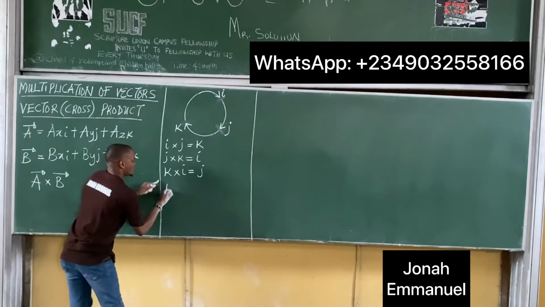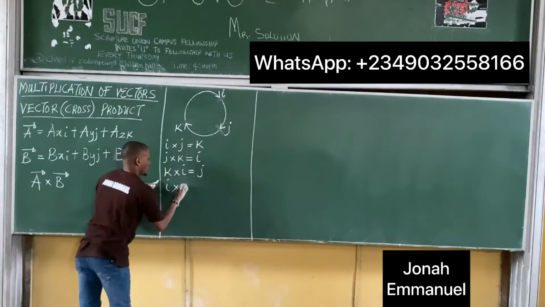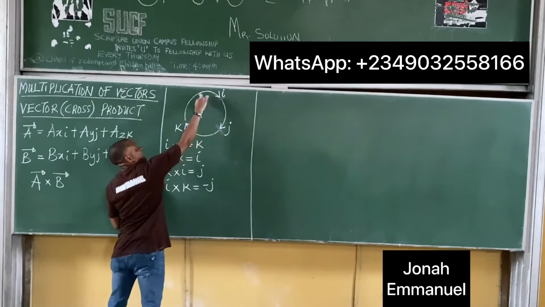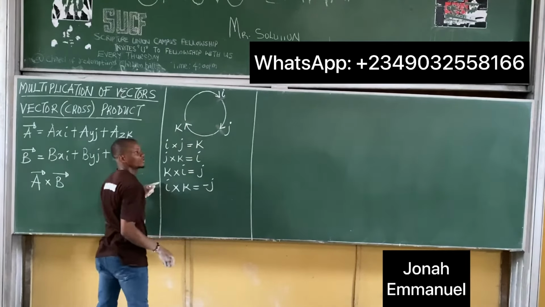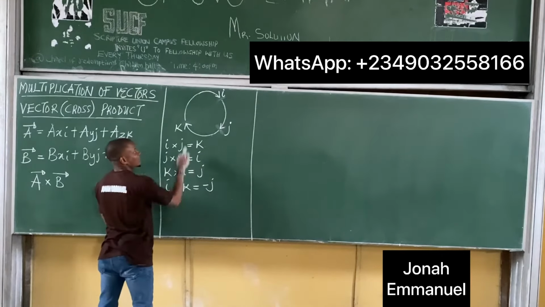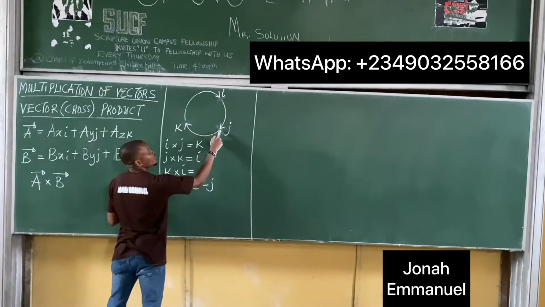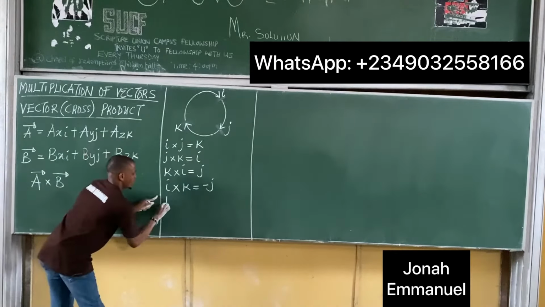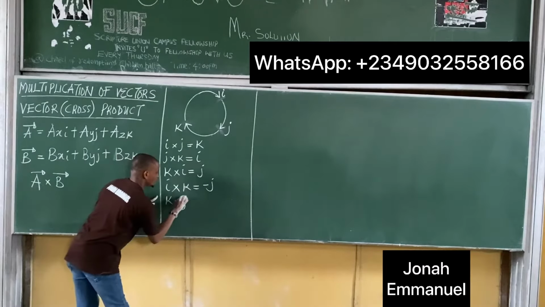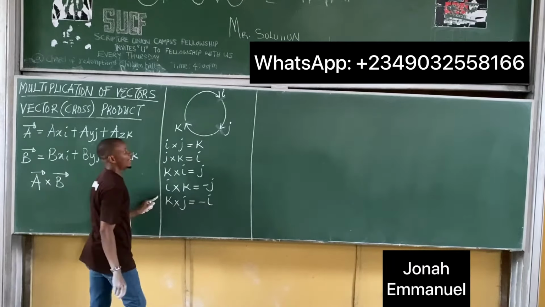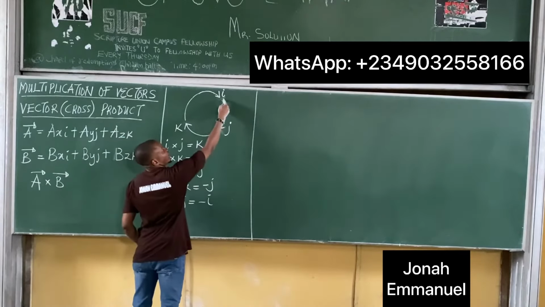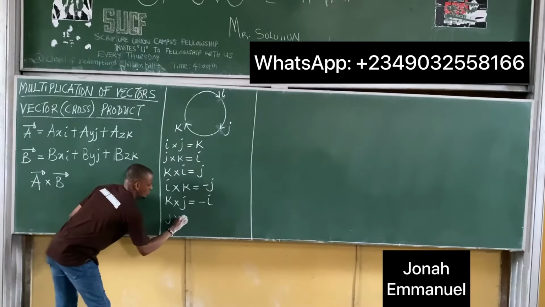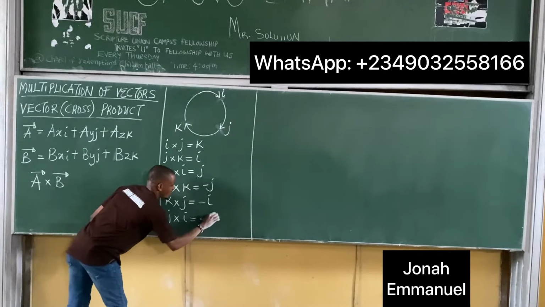Next, K cross J is minus I because it's the opposite direction. Finally, J cross I is equal to minus K.